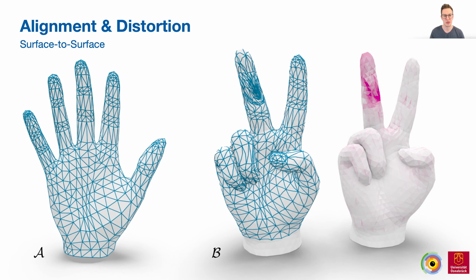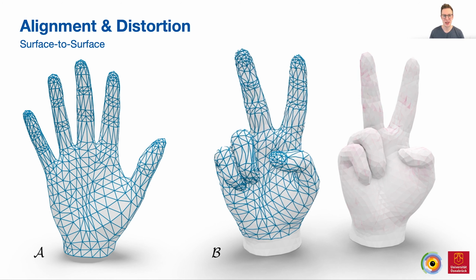Here's another example of an initial map. It looks quite smooth overall, but we did not correctly align one of the fingers. So the glove needs to stretch a lot in this place and contract all the extra material over here. So we can see that there is a relation between alignment of geometric features and stretch in our map. And reducing distortion can encourage good alignment.